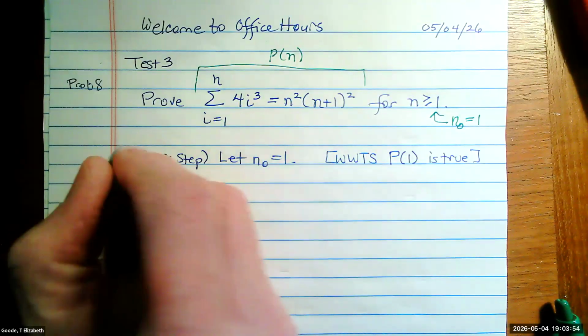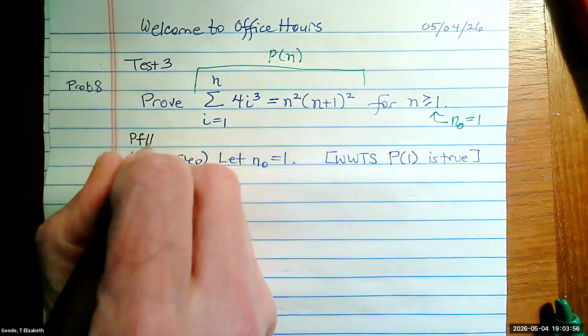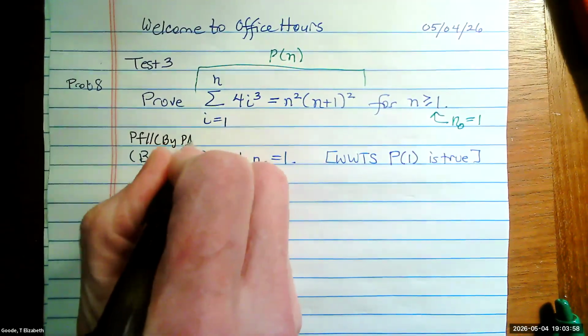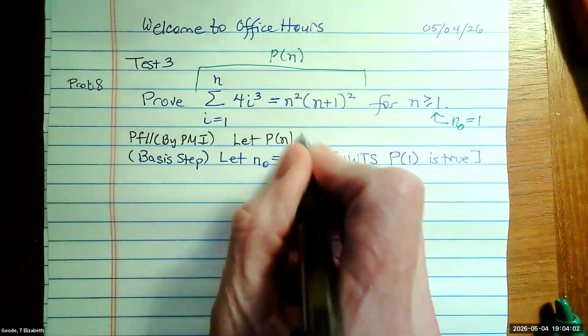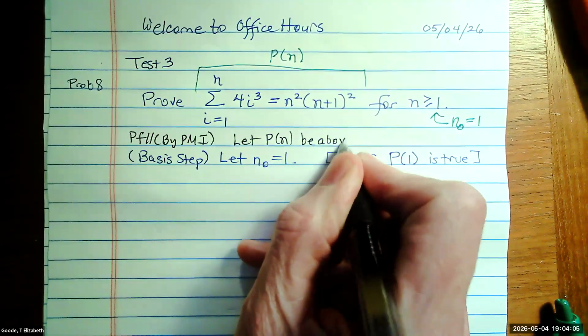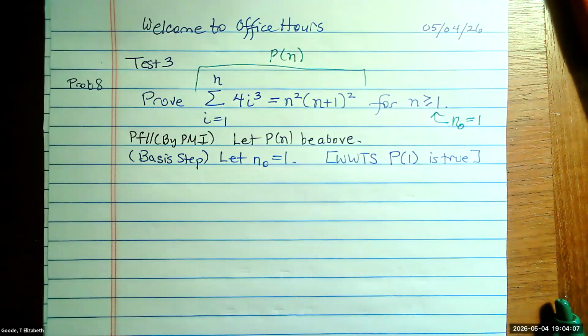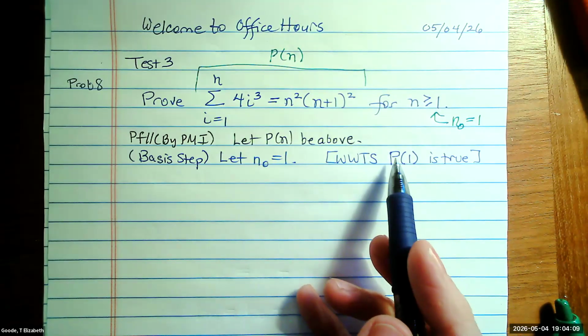So I guess I should have said proof by the PMI, the principle of mathematical induction. Let P of n be as above. So we're going to prove that P of 1 is true.